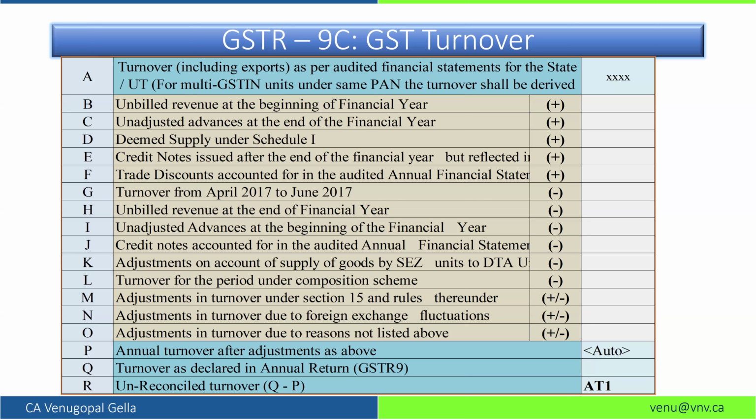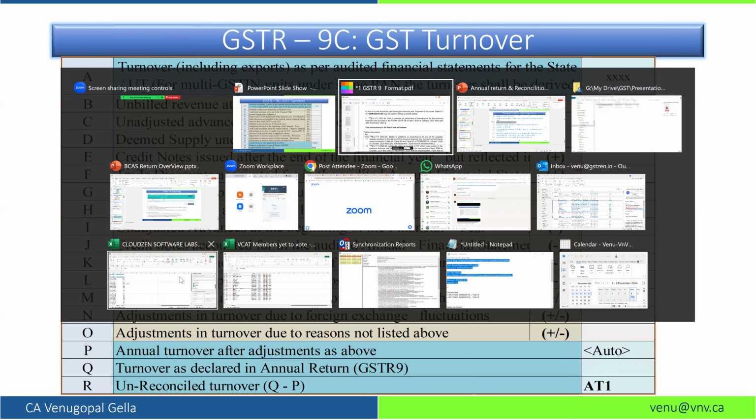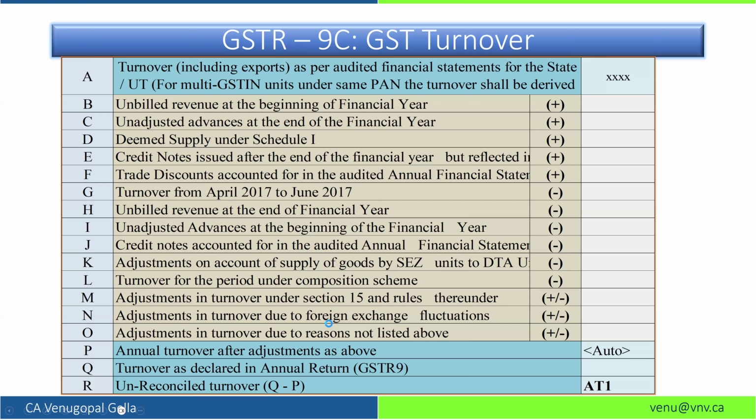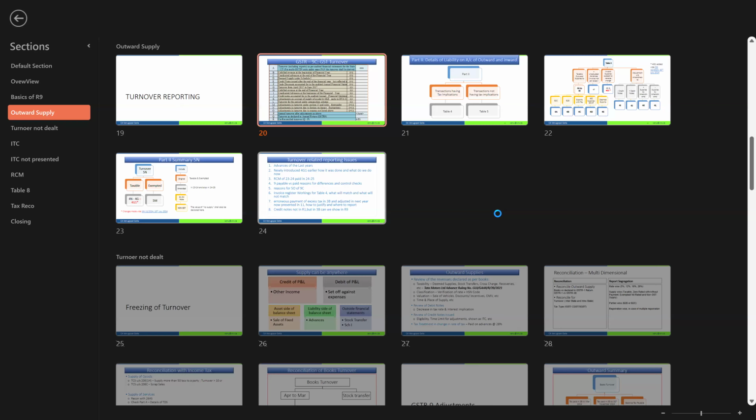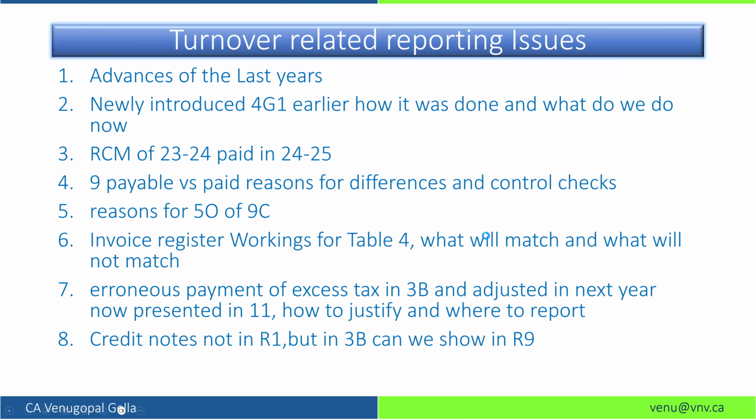Right. So now when I disclose any value here, whatever is reported in table 5, I need to have an invoice-wise working register. This is something which I strongly believe it will match, it should match.